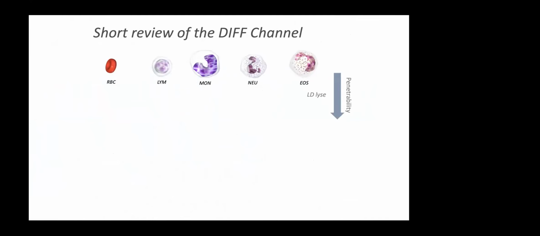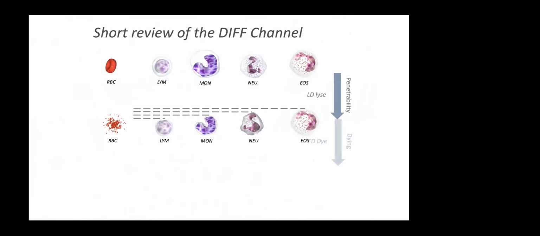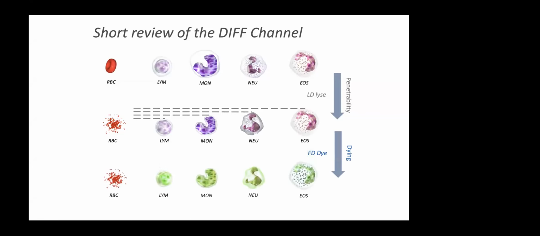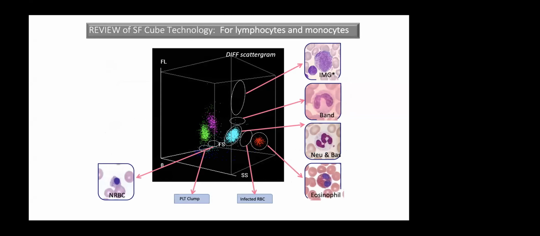They are lysed, basically, and eventually a fluorescent stain will be added so that the different white blood cells will have different uptakes of the fluorescent dye. So whenever that is performed, you can actually separate the different white blood cells by using the 2 parameters, your side scatter and your fluorescent light.